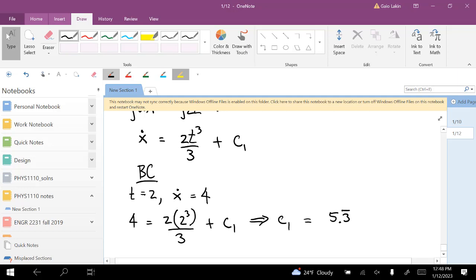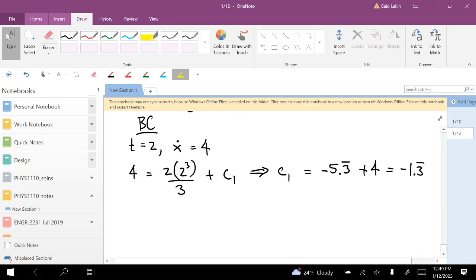Yep. That's negative plus 4. And so we get this constant that's equal to negative 1.3 repeating. And now we can update.